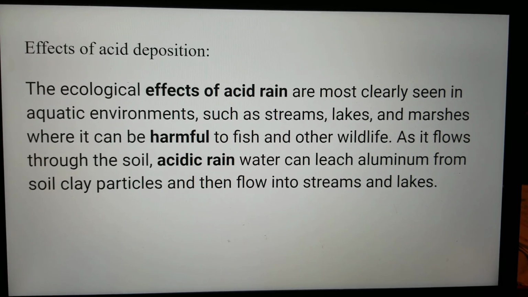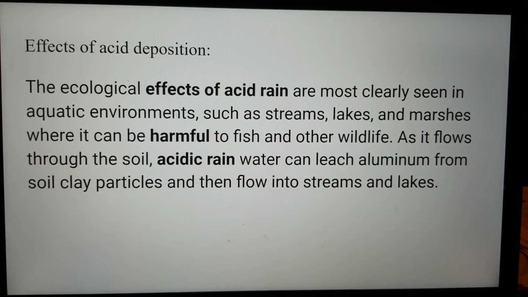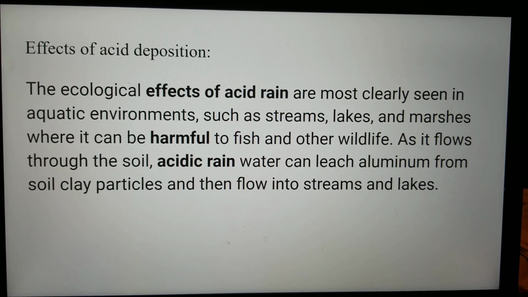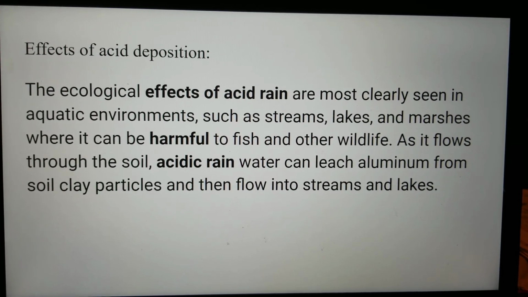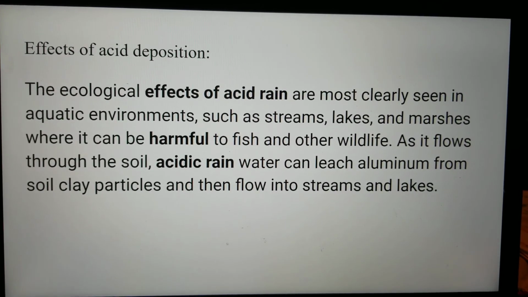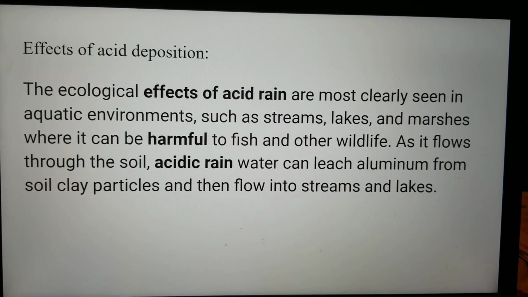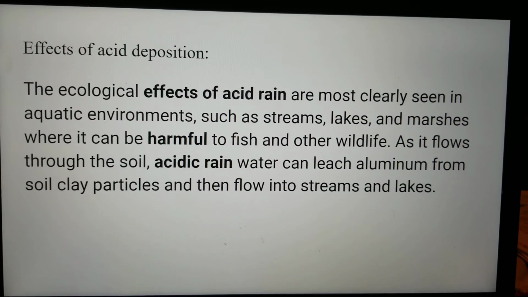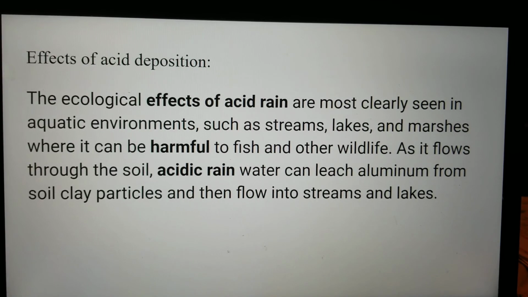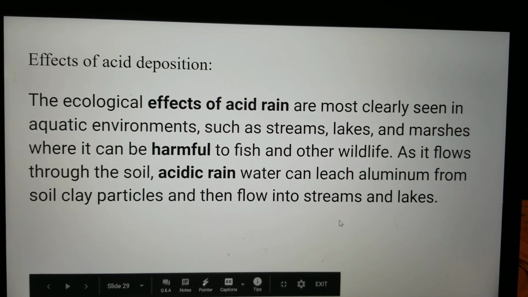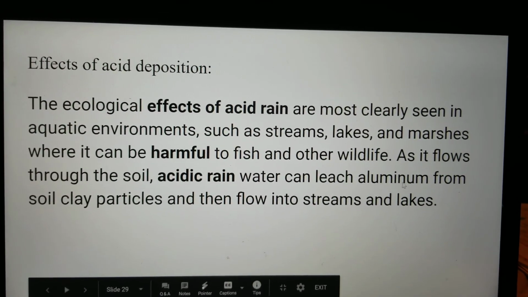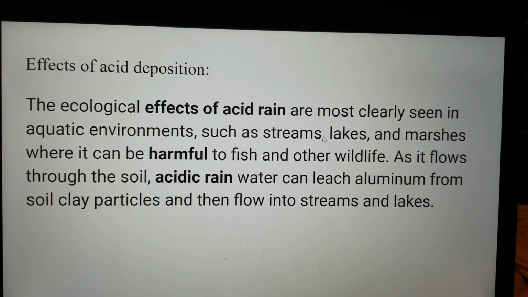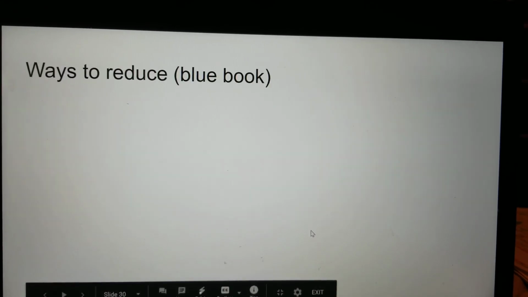The ecological effects of acid rain are most clearly seen in aquatic environments such as streams, lakes, and marshes, where it can be harmful to fish and other wildlife. As it flows through the soil, acidic water can leach aluminum from soil clay particles and then flow into streams and lakes. So the aluminum is going to negatively affect the fish and other wildlife.